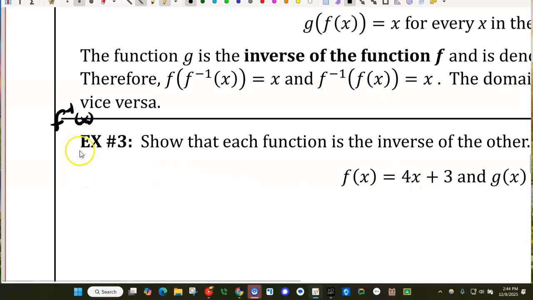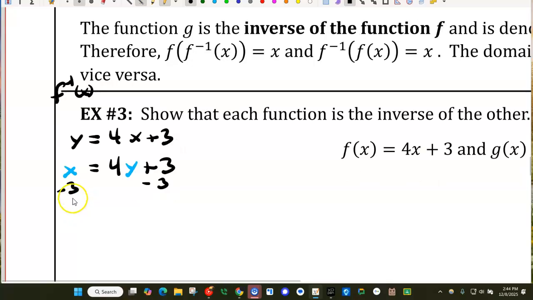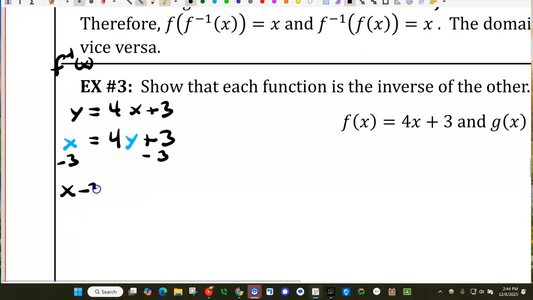You take the original, which is y equals 4x plus 3, and you switch the x and y, because the domain becomes the range, and the range becomes the domain. And when you solve for y, because we only know how to graph when it's y equals, that's when we get the inverse. So if I did this, I'd get x minus 3 equals 4y. Divide both sides by 4.